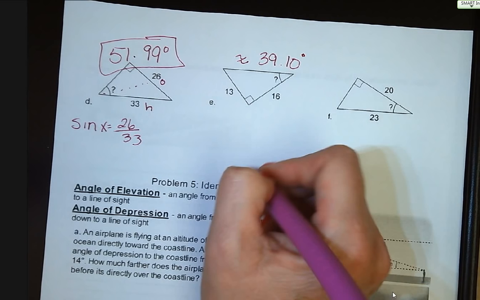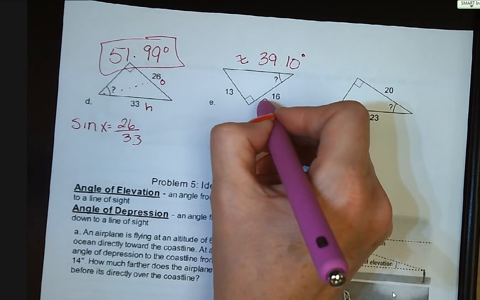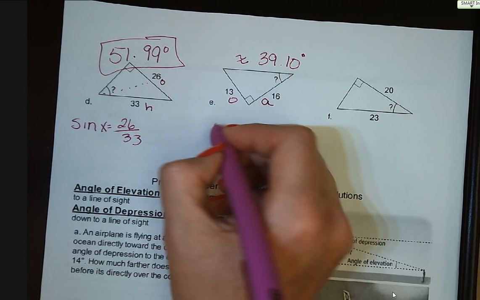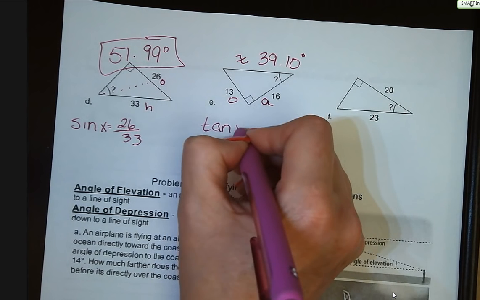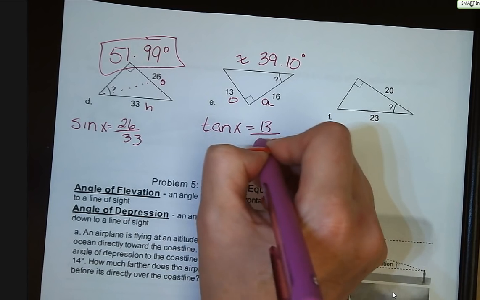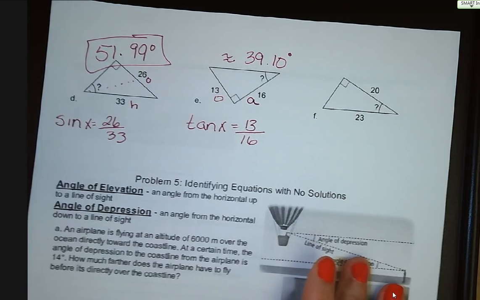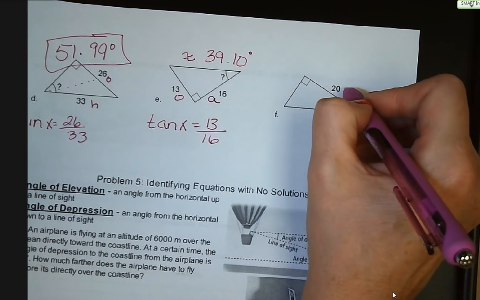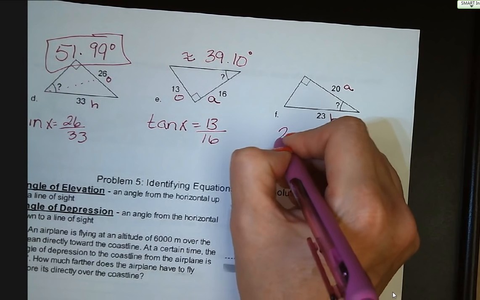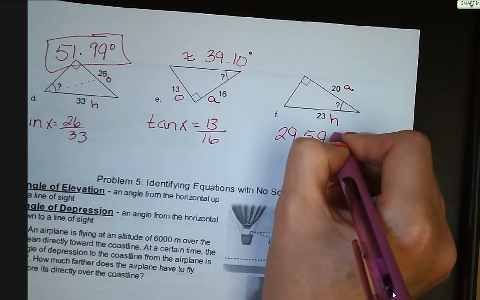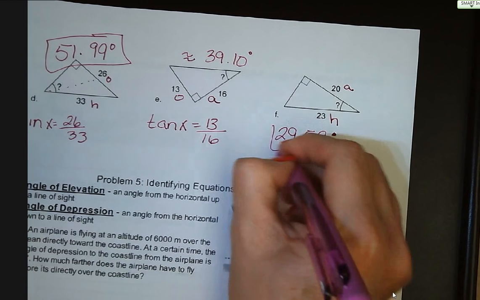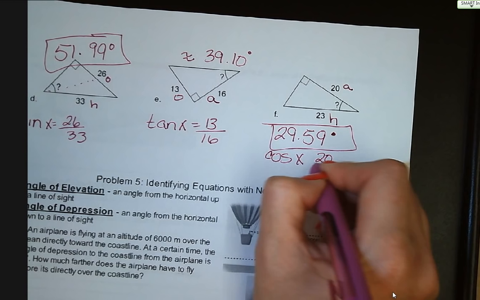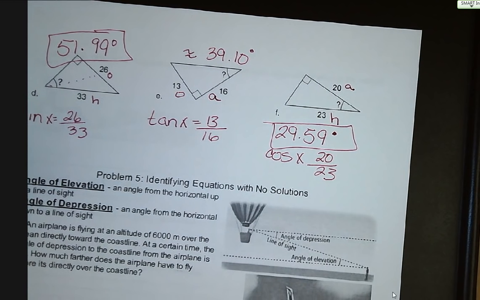Letter E is approximately 39.10 degrees. Tangent of x is equal to 13 over 16. And letter F is approximately 29.59 degrees. And that is the cosine of x equals 20 over 23.